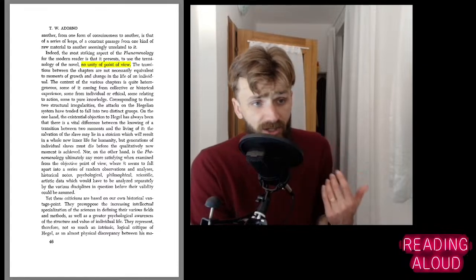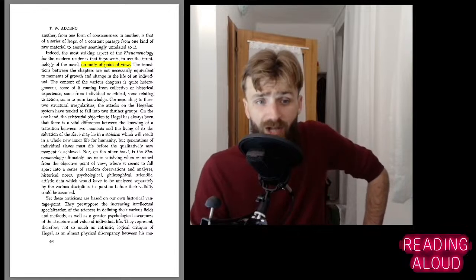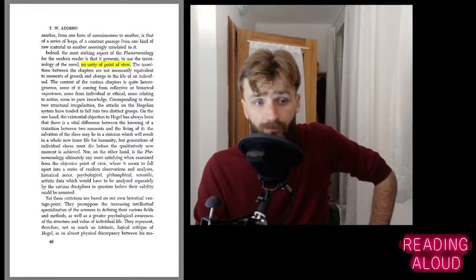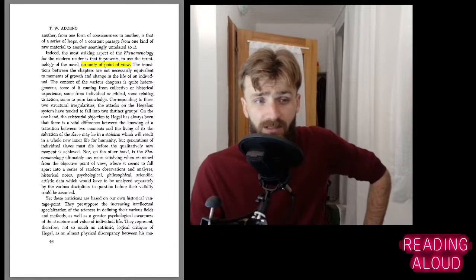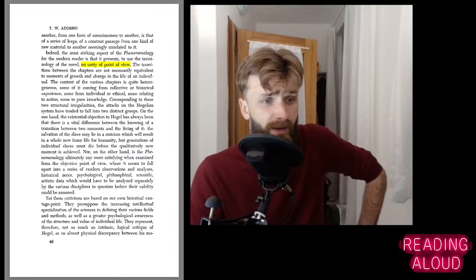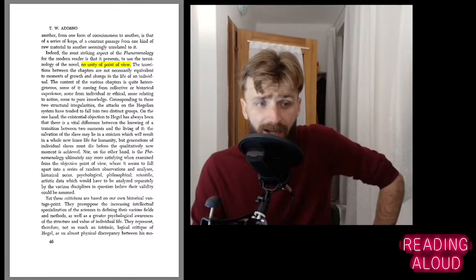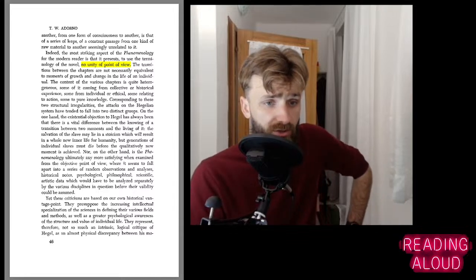The transitions between the chapters are not necessarily equivalent to moments of growth and change in the life of an individual. The content of the various chapters is quite heterogeneous, some of it coming from collective or historical experience, some from individual or ethical, some relating to action, some to pure knowledge.